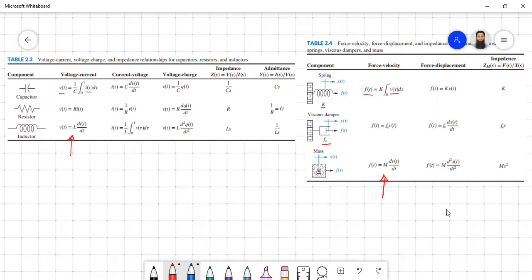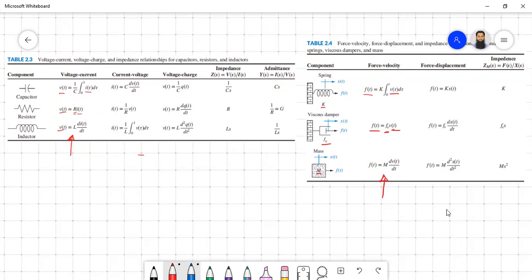Voltage and current are related with a proportionality constant; similarly, force and velocity are related by a proportionality constant Fv. And also you have a differential equation. Similarly, voltage and current are related by a differential equation, with the constant L in the case of electrical and the constant M in the case of mechanical.